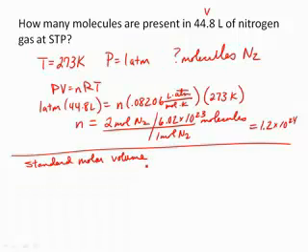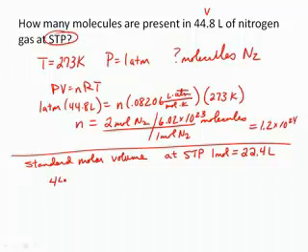Standard molar volume says that at STP, 1 mole of any gas is equal to a volume of 22.4 liters. So let's see how we could use that in this problem, since we are at STP. It says I have 44.8 liters, and the standard molar volume is a conversion between liters and moles at STP.